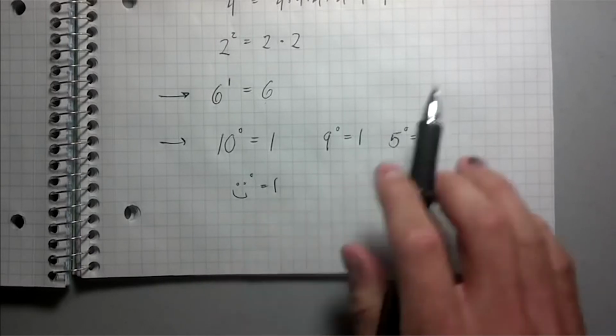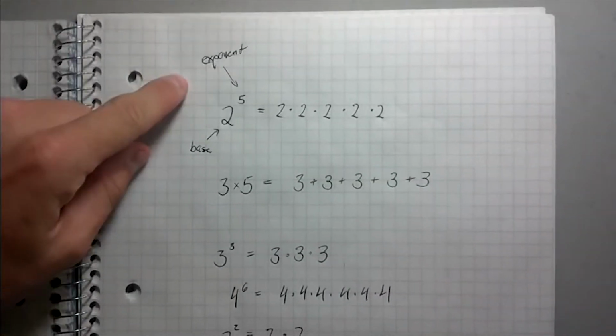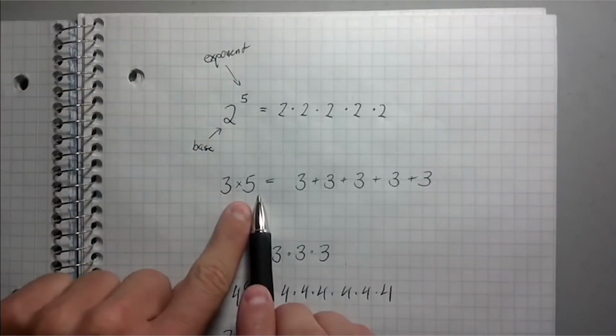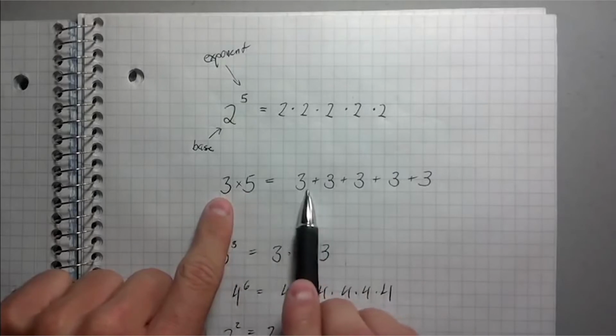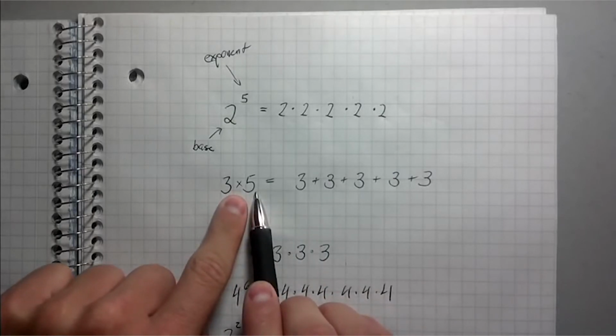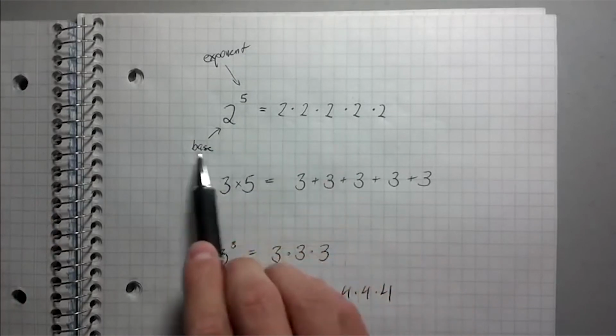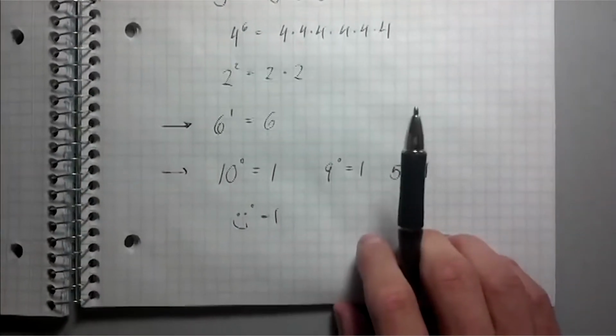So I'll do a quick overview. Multiplication and exponents have a very nice analogy. Just like multiplication is telling you to add something however many times, exponents are just telling you to multiply it however many times. That's what exponents are. Now, there are two special cases.